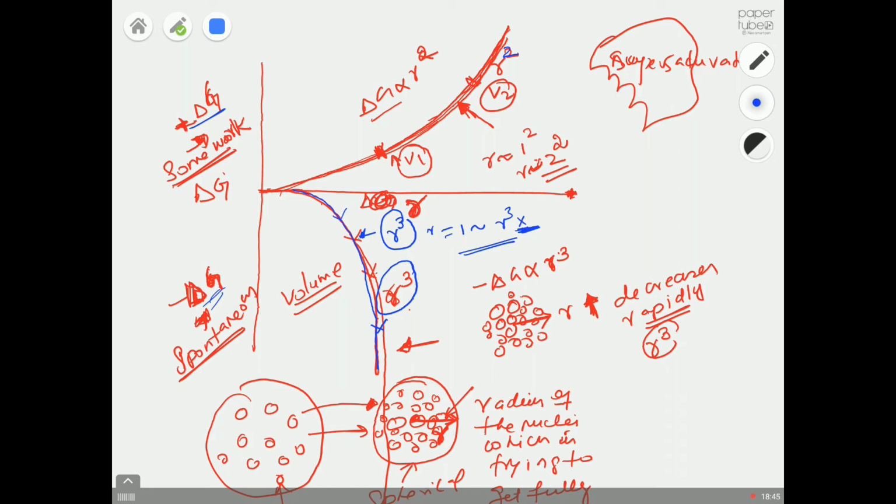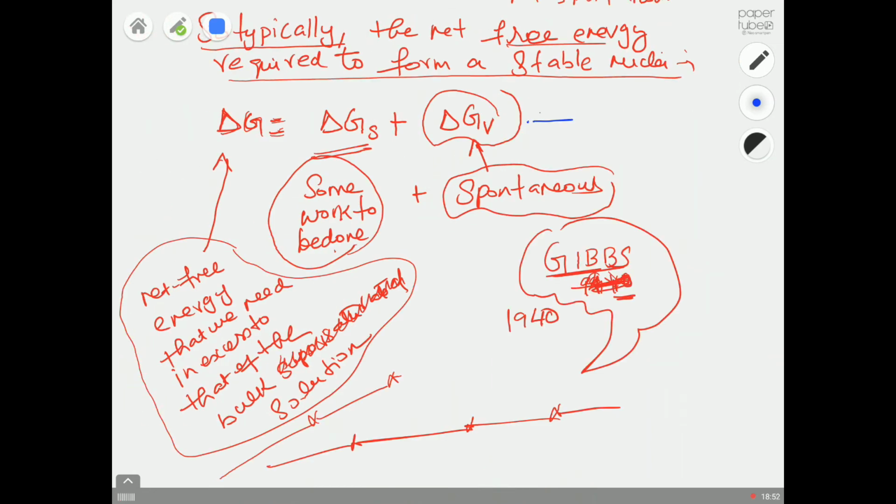So this is as a function of R. If we go back to this equation here, I said to you, to create a stable nuclei in the solution, the net free energy that we need in excess to that of the bulk solution is this quantity, which is not a spontaneous one, and the other one, which is a spontaneous process.